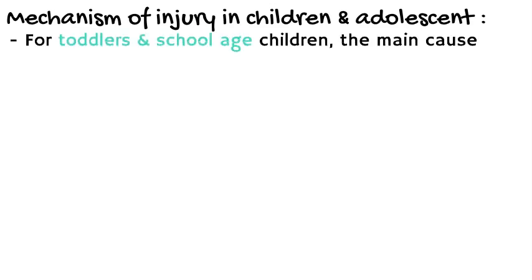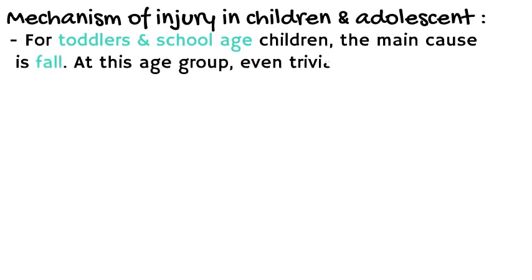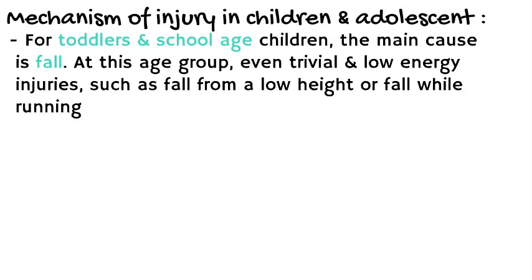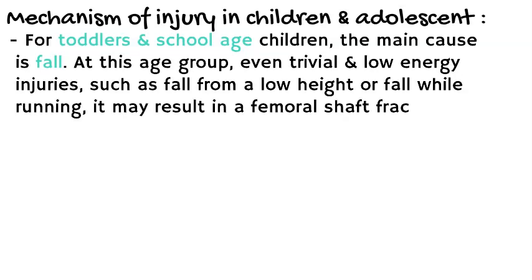Mechanism of injury in children and adolescents. For toddlers and school-aged children, the main cause is fall. At this age group, even trivial and low-energy injuries such as a fall from a low height or a fall while running may result in a femoral shaft fracture.